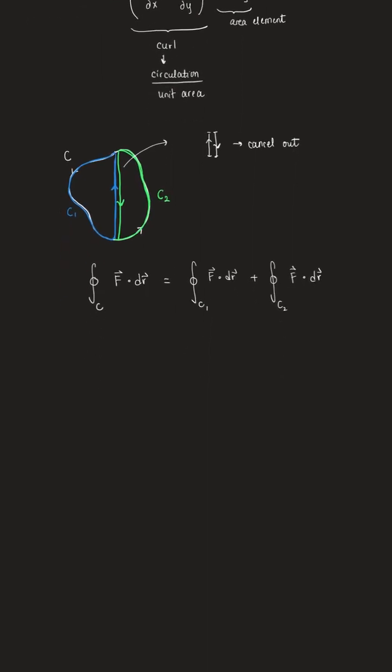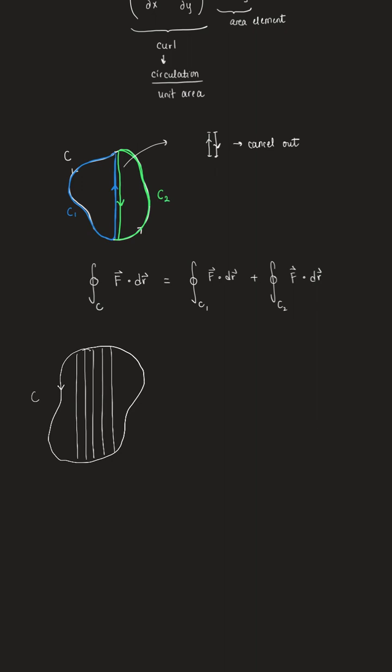And the reason we're doing that is because then we can take our curve and apply our idea with these little rectangles. I can take our curve C and split it up into n number of rectangles, tiny, tiny rectangles, something like this. And all of the circulation along the segments of these little rectangles are going to cancel out by the adjacent rectangles.